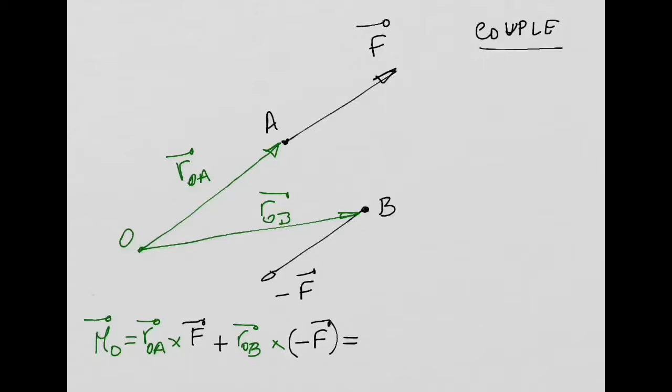And now I can work this a little bit. I will have ROA minus ROB. So I'm sending this minus signal to the position vector. I can do that. And then I multiply this by F. Okay?